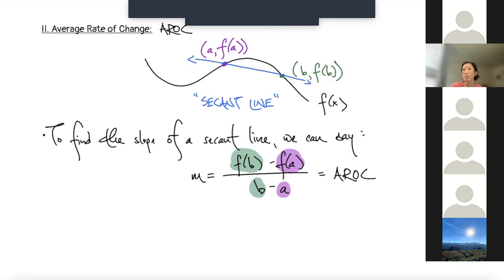But another way that I can ask the same thing is find the slope of the secant line. So we can use both ways to ask you to find that average rate of change.